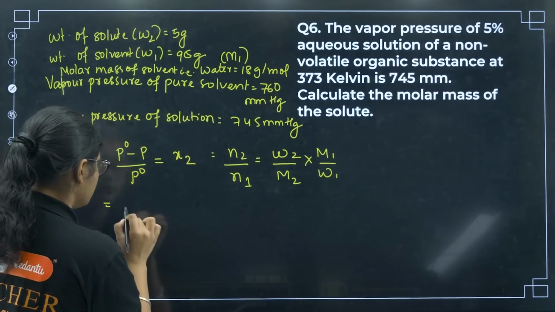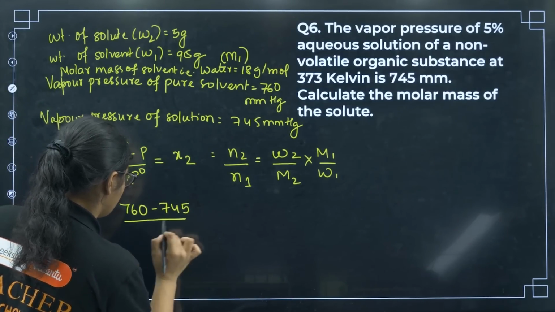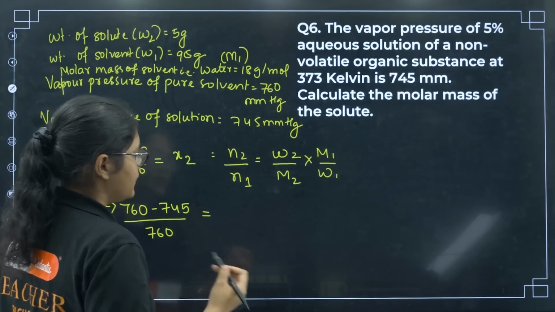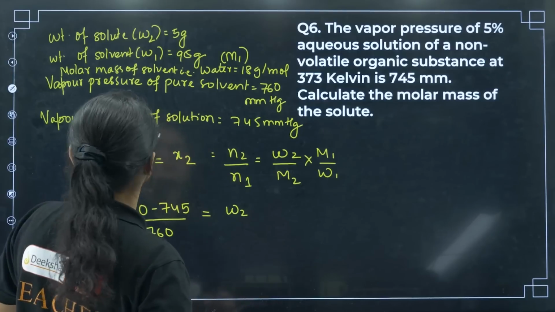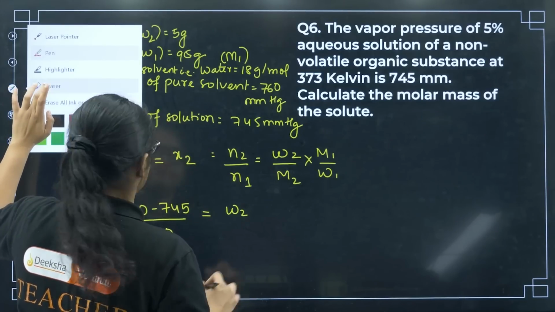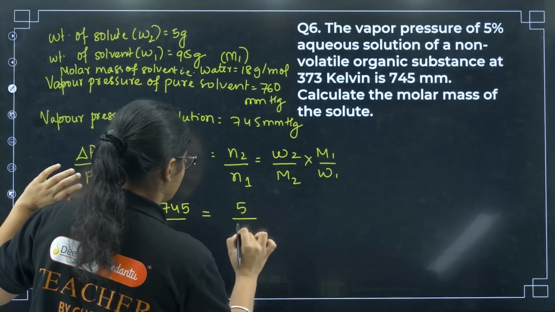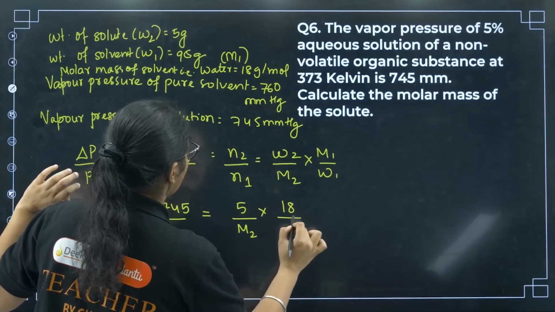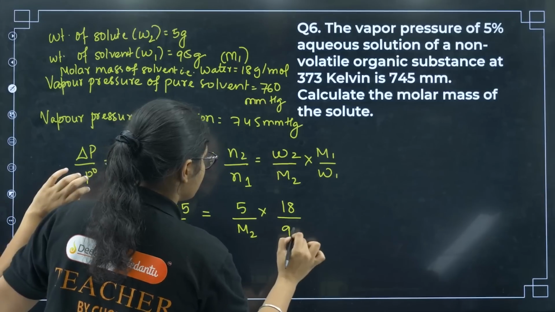What is P naught value? 760 minus 745 by 760 is equal to W2. W2 is already there, I have to calculate M2. So W2 is 5, M2 I have to find out, into M1 is 18, and W1 is 95.